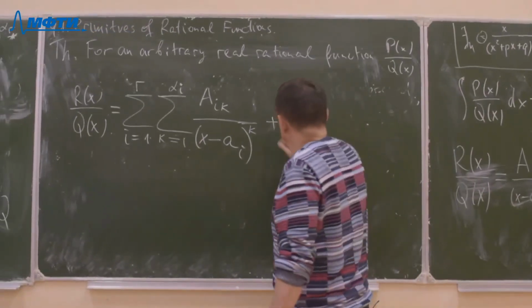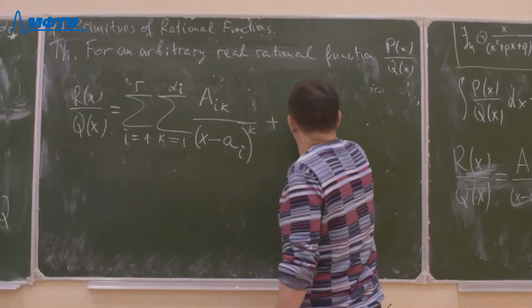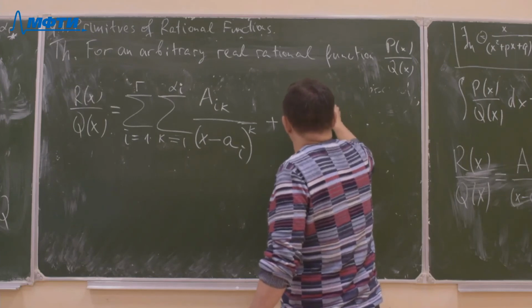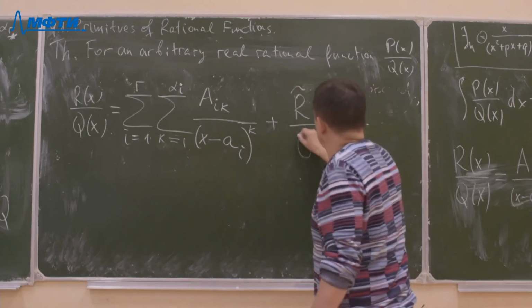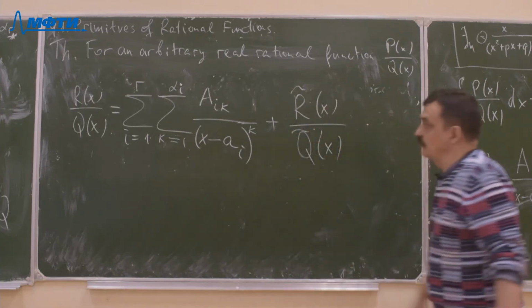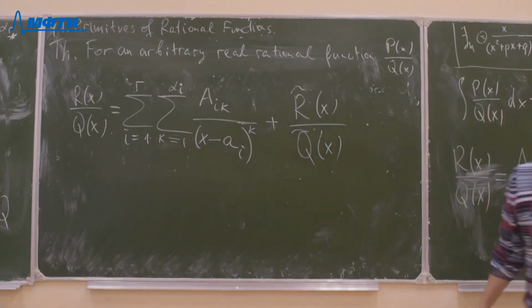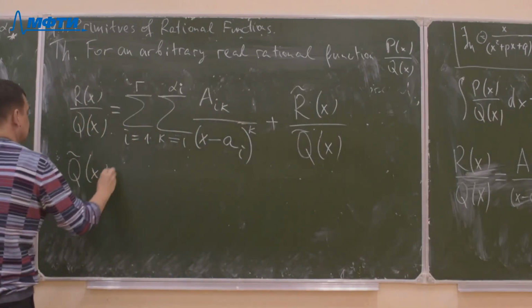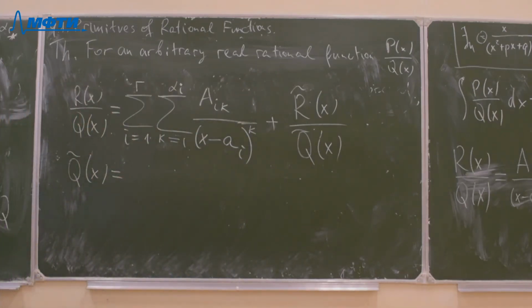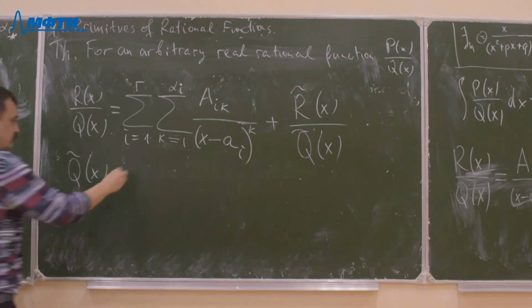Plus, let's say, r tilde of x over q tilde of x, where what is q tilde? Q tilde is precisely the product over all complex zeros.